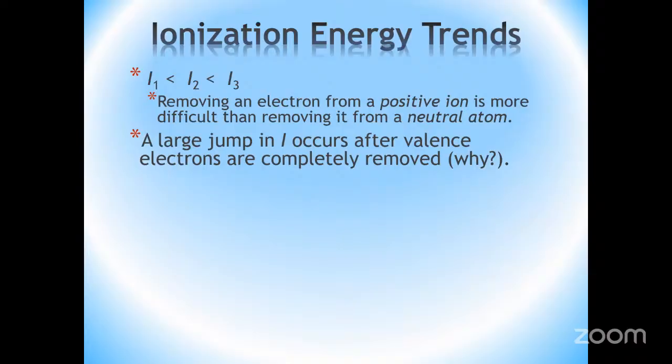And then once those electrons are removed, a greater increase in energy is required to remove electrons from the next valence shell. Why is that so? Why do you think that is so? Why is there a large increase in the amount of energy required to remove the electron when you get to the next shell after the valence shell?